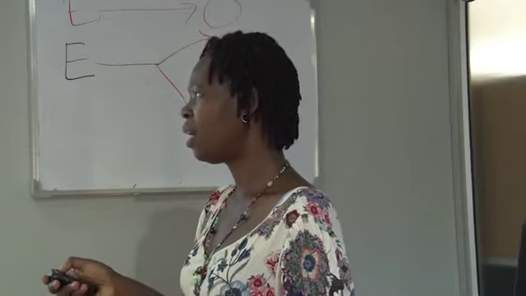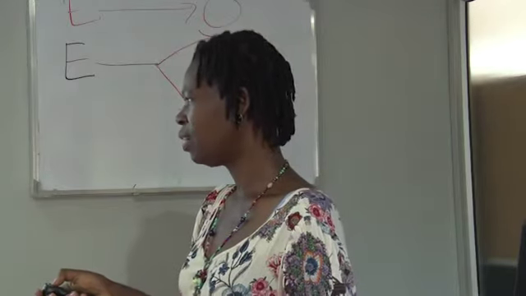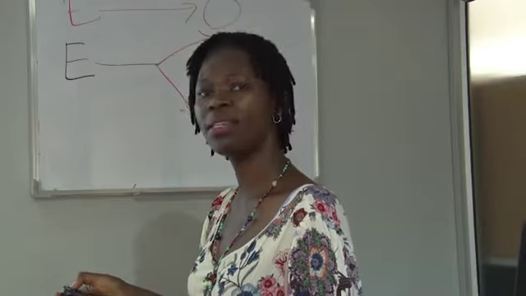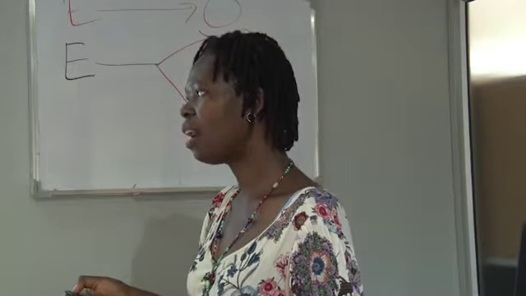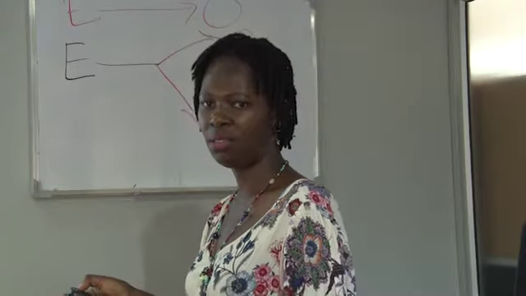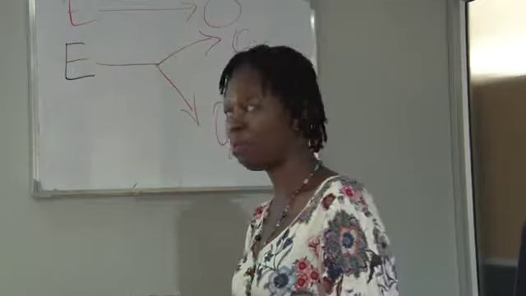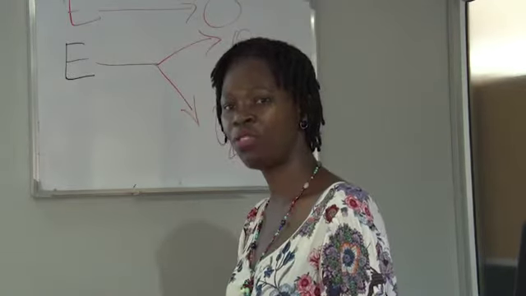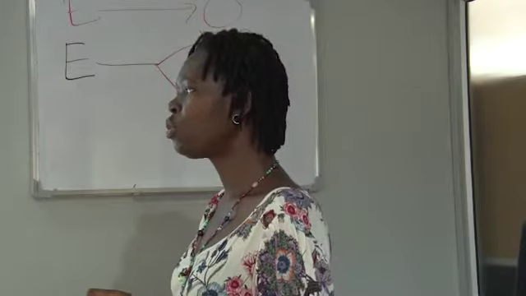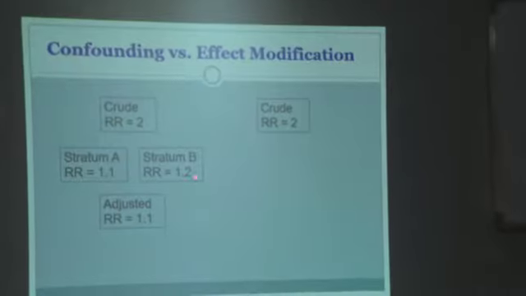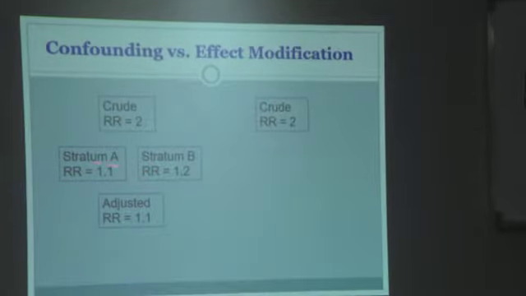We compare, as we said, between the two subgroups, 1.1 and 1.2. Are they similar? To me, they are. Once they are not more than 10% different, they are not different, and that is the rule of thumb. Once they are more than 10% different, we declare them different. So 1.1 and 1.2 are not more than 10% different. Therefore, we consider these to be similar or homogeneous.